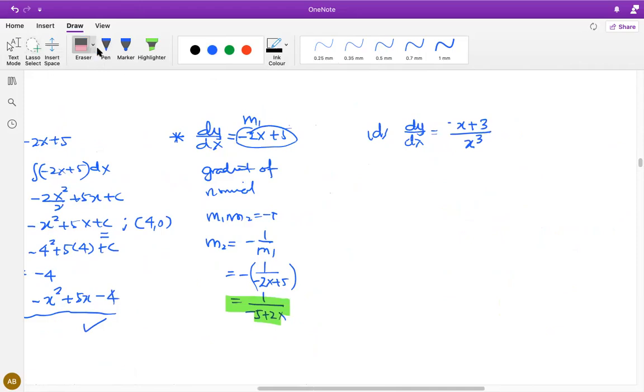So the original equation is ax plus b over x cubed. So we want to find what is y.